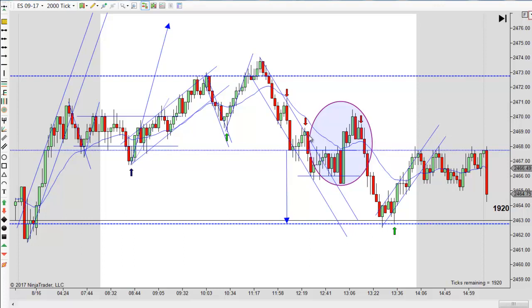What you could have done is let it break below this bar, although it would have come back and filled you at the same spot where you would have originally gotten in, and then it went back down again. So you could have played it that way and gotten out, but that's getting too close to 1230.